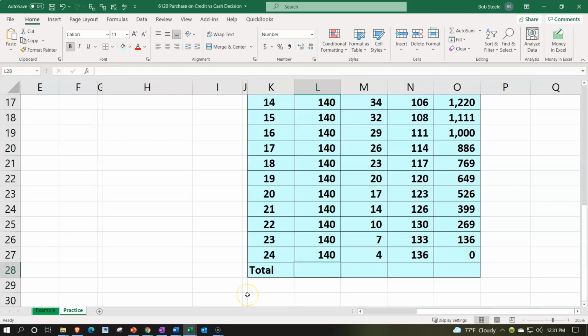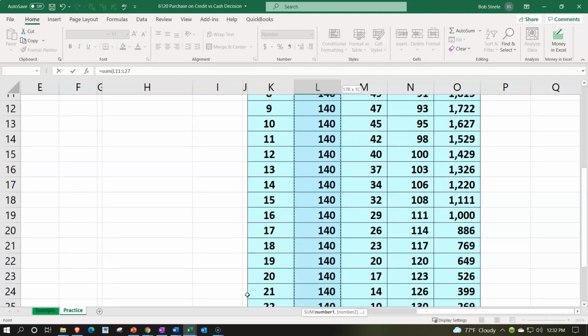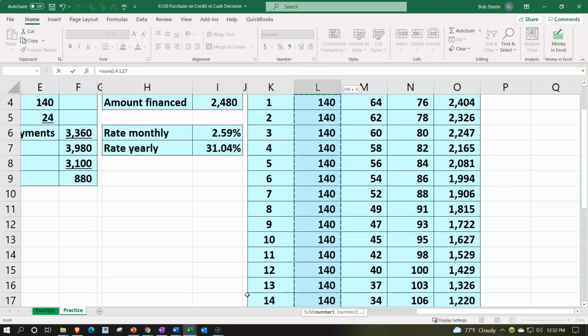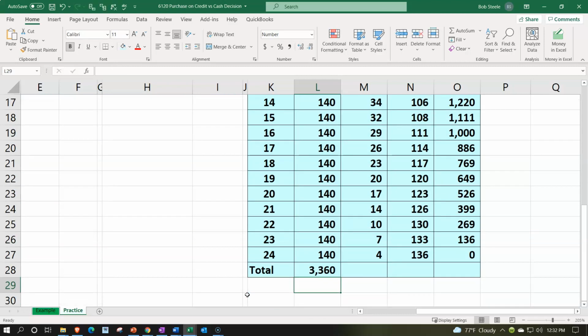Let's go ahead and total up. Total with the trusty sum function, equals SUM, up arrow, holding down shift, and then we're going up to the summit of the sum function. We're there at the summit. And then there it is, the 3360. Let's do an autofill on that across, dragging it not all the way across, but right there.